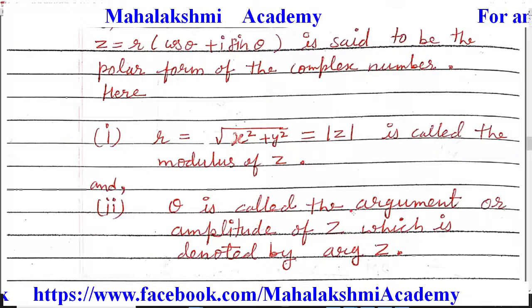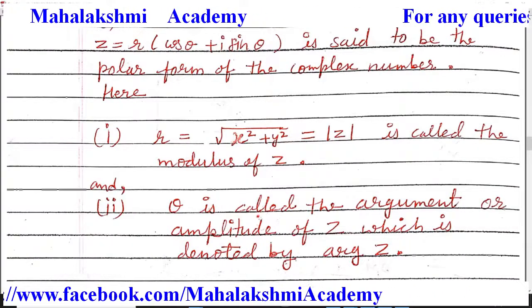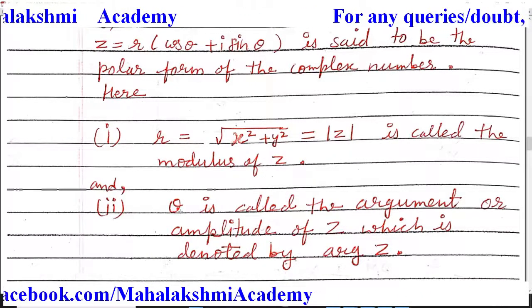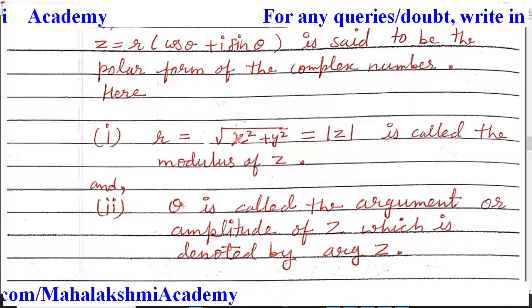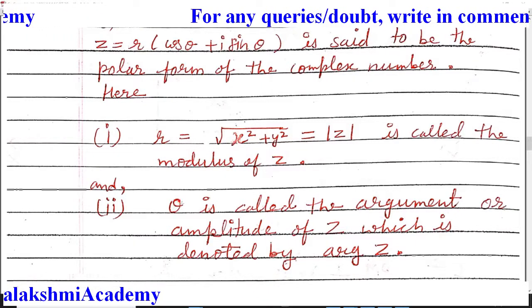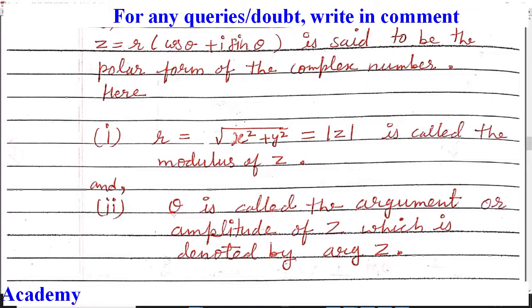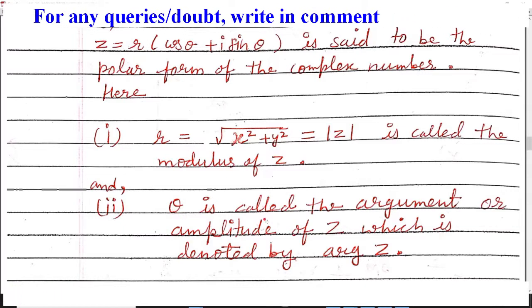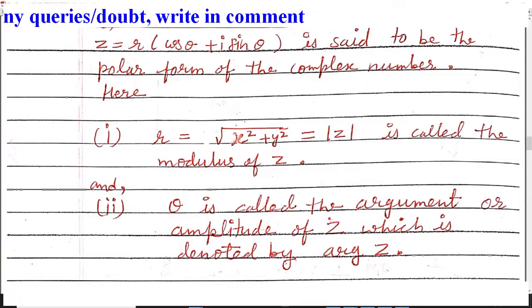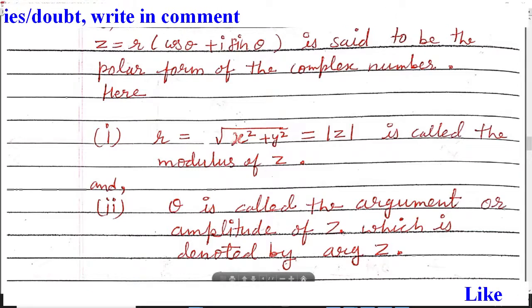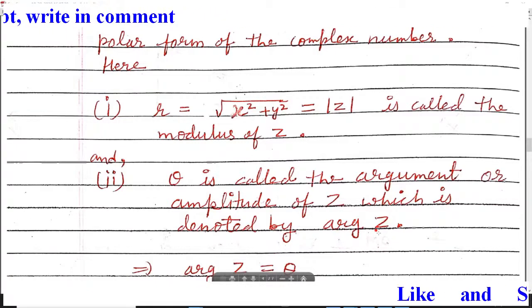Theta is called the argument. Now there are two new words you have to understand. Actually theta is the angle between OP and the positive x-axis, and there are particular words for theta. So theta is called the argument or amplitude of z, which is denoted by arg z.